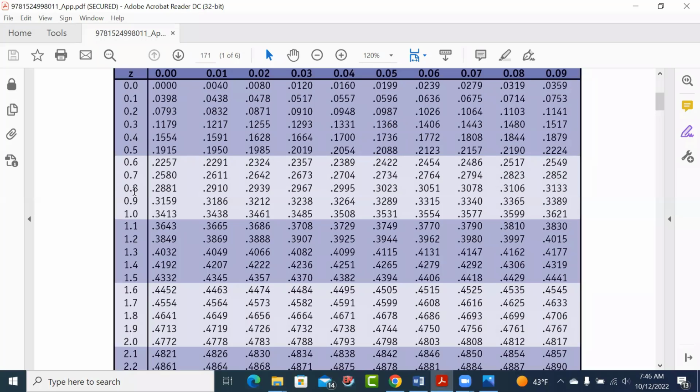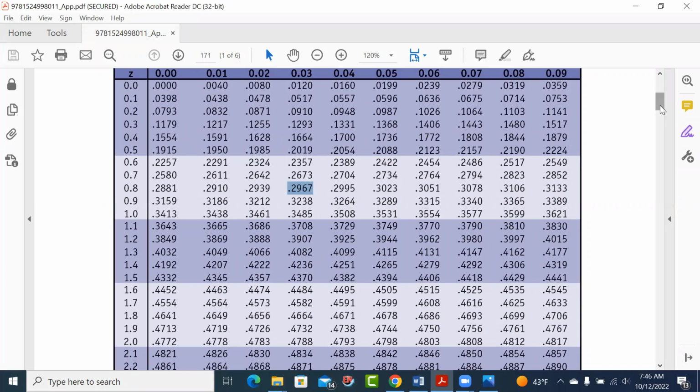It's at 0.833. So this is 0.8, 0.80, 0.81, 0.82, 0.83. So we get 0.2967. So this is the probability of a value between 0 and 0.833. So there's only about a 30% difference between the mean and this value.